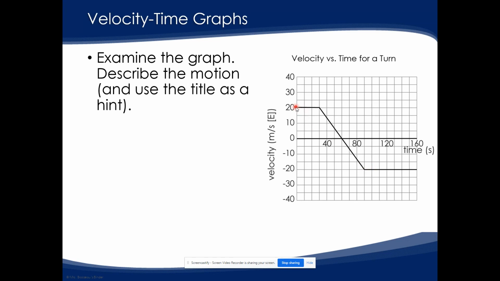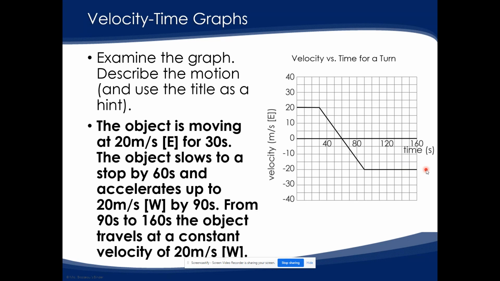So here we are, our velocity graph is showing us that we're going at 20 meters per second east. Then we have a negative acceleration, so we're slowing down, and then all of a sudden we're negative. So our negative velocity in the east direction actually turns into a positive velocity in the west direction. And that's all right there, if that's easier for you to write down than what I said.